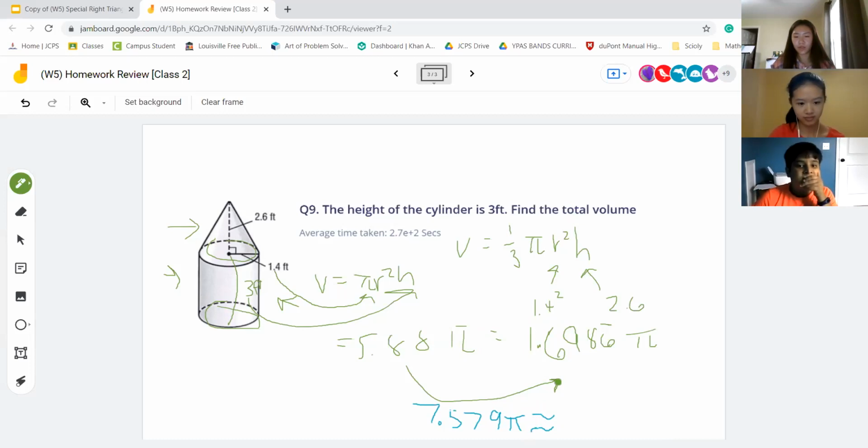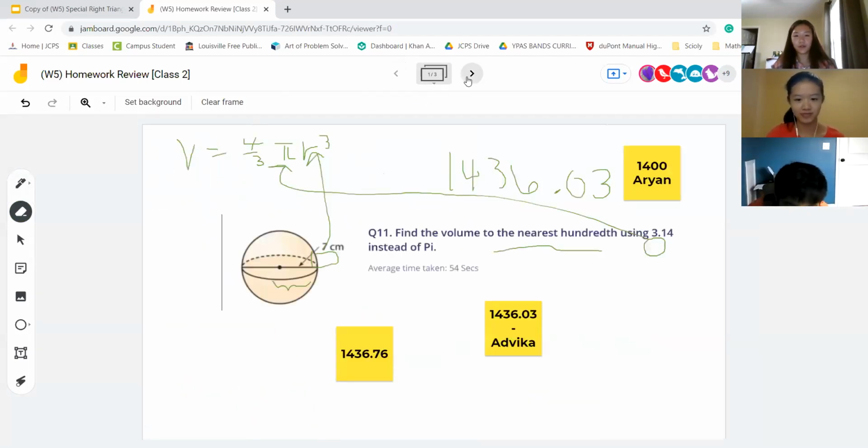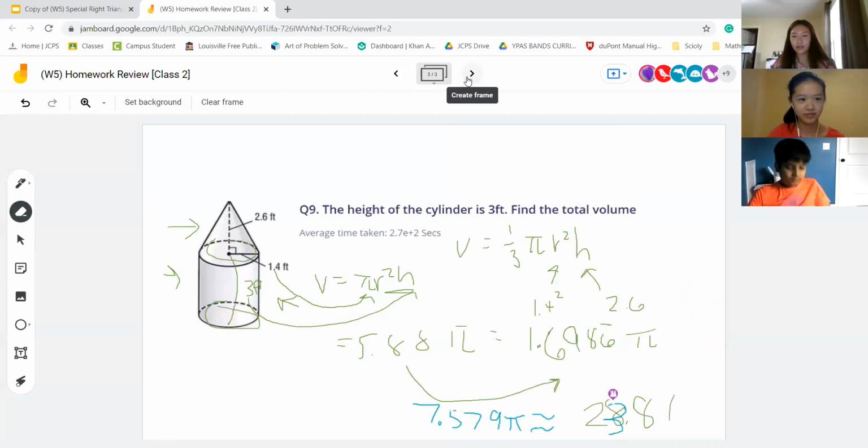Or yeah, you could use pi, but... Wait, that's a 3, not an 8. Yeah, there you go. Okay, any questions? You just have to use the formula for all of these, so I think it's pretty straightforward.